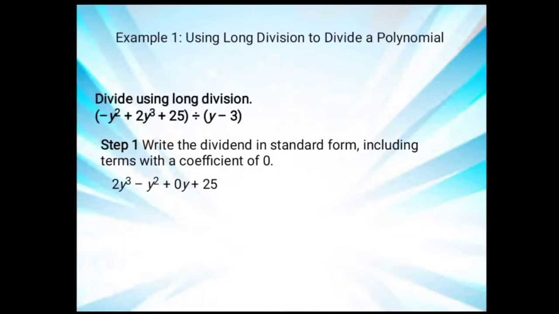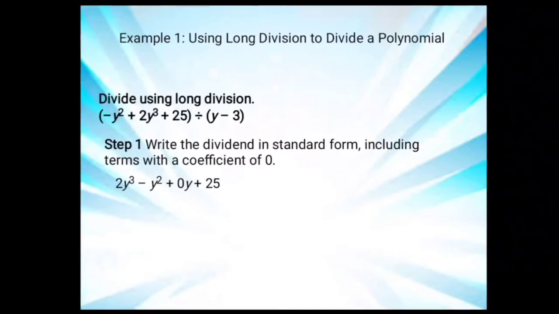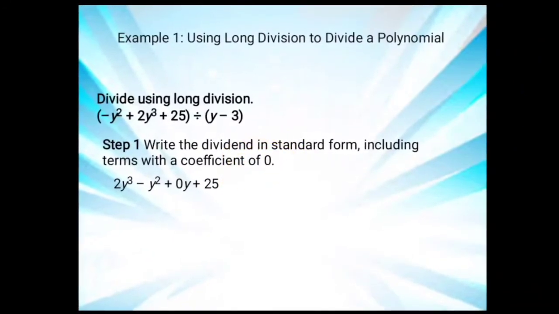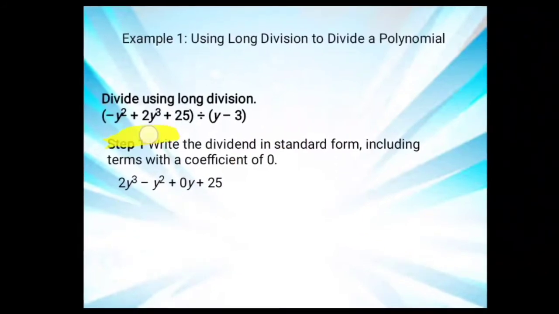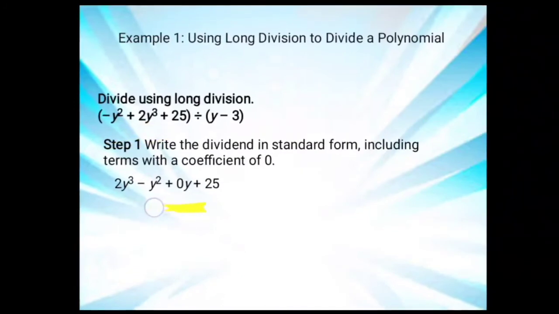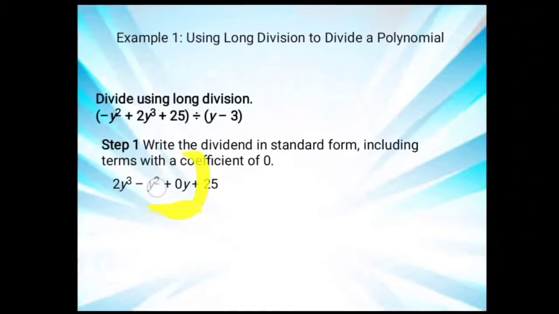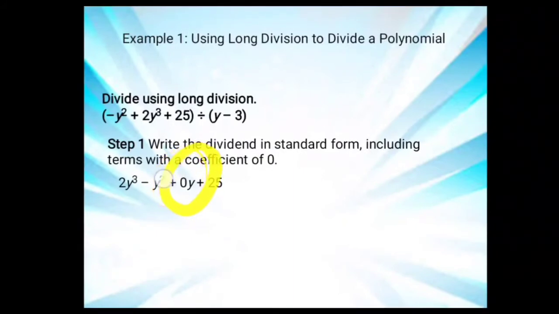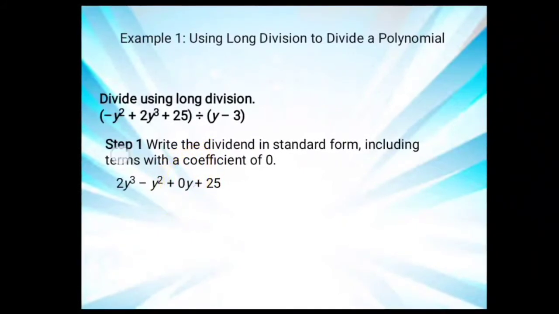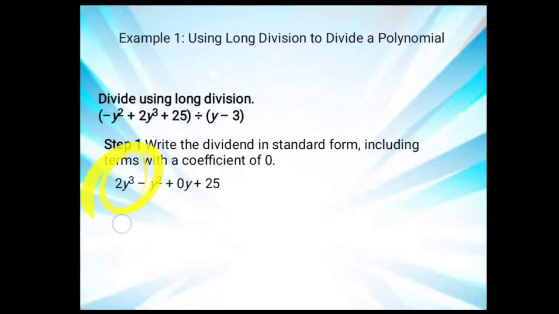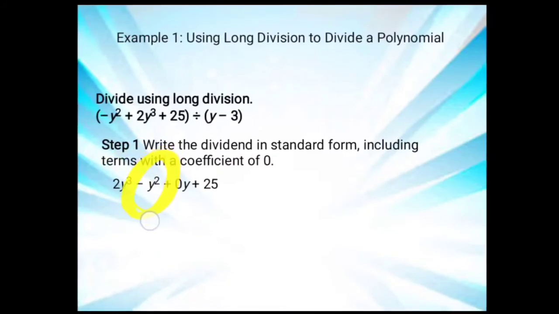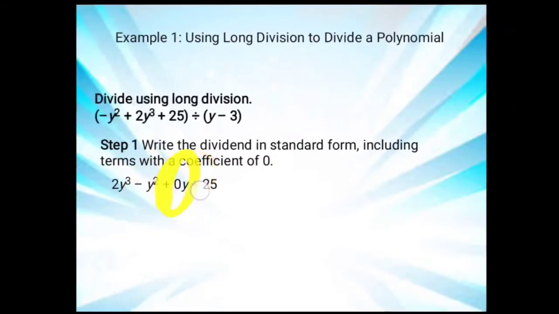That's why, to make it possible, you have to put 0 as the coefficient of the variable, wherein here our variable on our given is y. In that case, we will put 0y as our third term to represent the term wherein the exponent is 1. Again, the exponent of this term is 3, the exponent of this term is 2, the exponent of this term is 1.